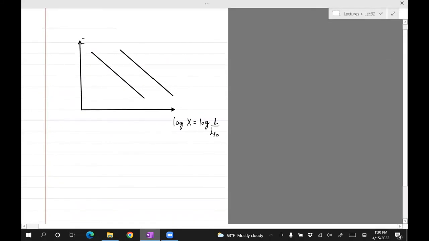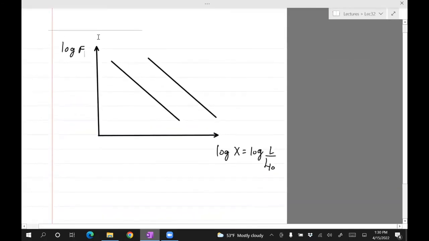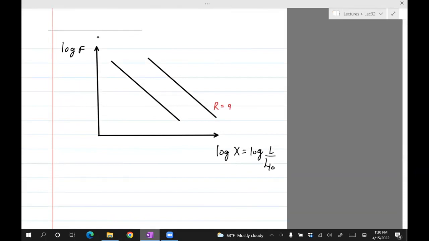And then we have log f, the load. Let's say that the line I've drawn here on the right side is the 90% reliability line. And this is an unknown reliability, or maybe you're given the reliability, but it's going to be an offset from that catalog line by a fixed distance.